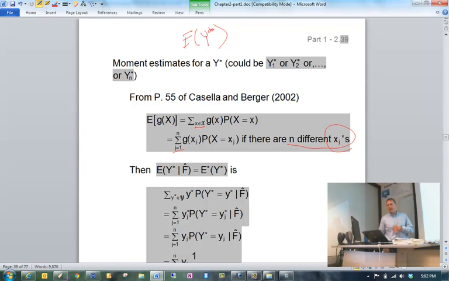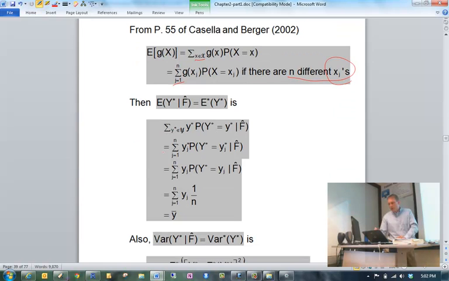Let's apply this now in a bootstrap setting. So what I want is the expected value of y star given f hat, or equivalently expected value star of y star. So I'm going to take the sum over all possible values that y star can take on in my sample space. You should think about what will be the sample space in this case, of y star times that corresponding probability. Or equivalently, we know there's n possible values of y star, so we could take the sum over all those possible values, j equal 1 to n.